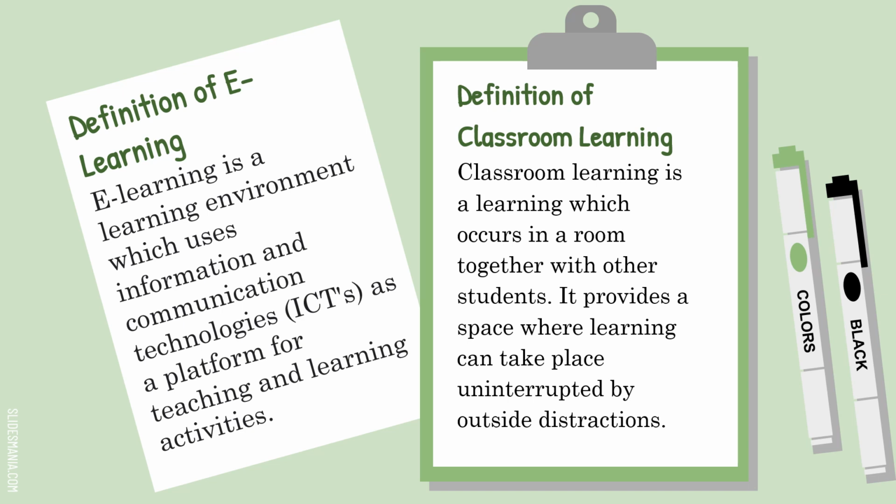It provides a space where learning can take place uninterrupted by outside distractions. In e-learning, we learn a lot from what we call gadgets like smartphone, PC, laptop, and etc. Meanwhile, in classroom learning, we learn in a class and with a lot of people inside the room.